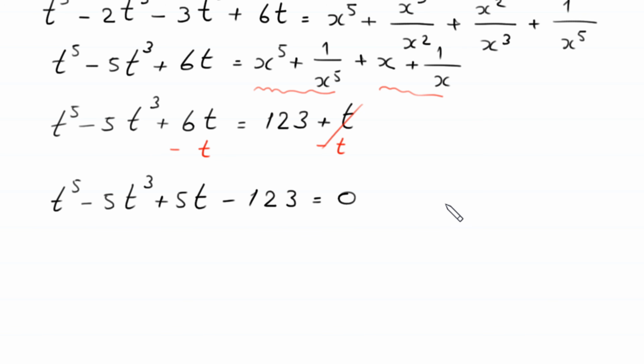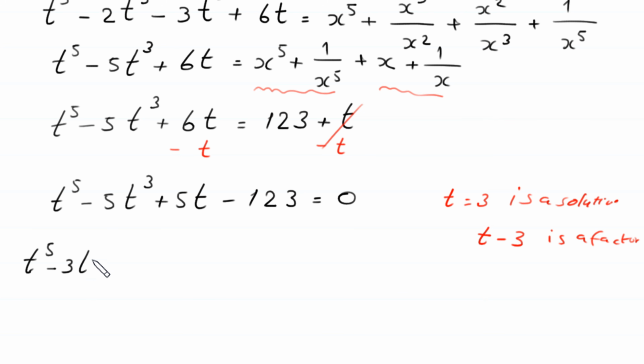Now we notice that t is equal to 3 is a solution. It means t minus 3 is a factor. So we can rewrite this equation as t to the power 5 minus 3t to the power 4 plus 3t to the power 4, and we write this negative 5t cubed as negative 9t cubed plus 4t cubed.